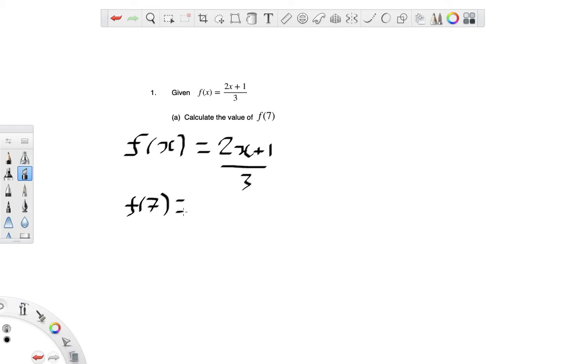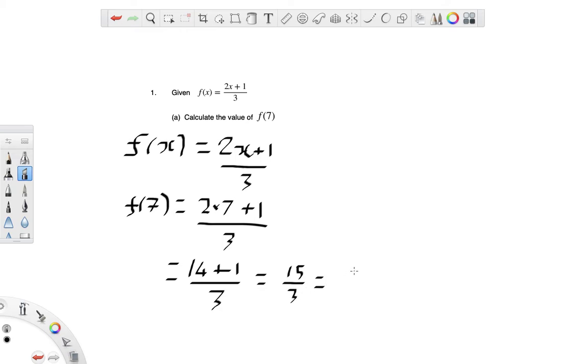We have to substitute x equals 7 essentially into our equation. That's what this function notation means. So we're doing 2 times 7 plus 1, and that's all over 3. 2 times 7 is 14. So we've got 14 plus 1, and that's over 3. And that is, of course, 15 over 3. 15 divided by 3 is 5.